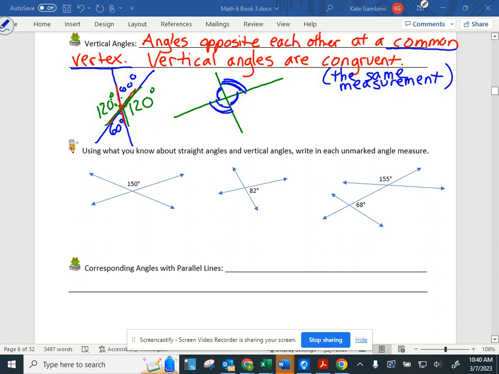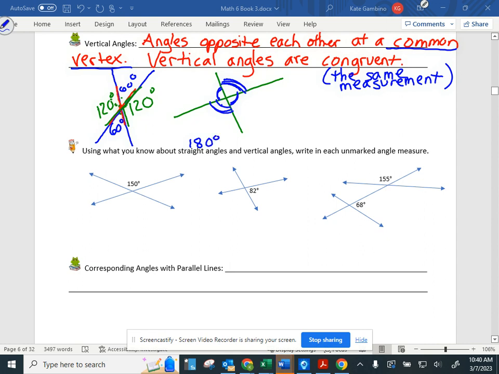That makes sense? All right, so using what you know about straight angles and vertical angles, write in each unmarked angle measurement. How many degrees is a straight angle? 180 degrees.